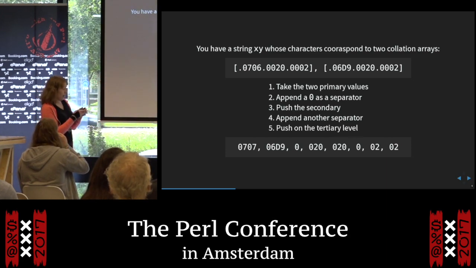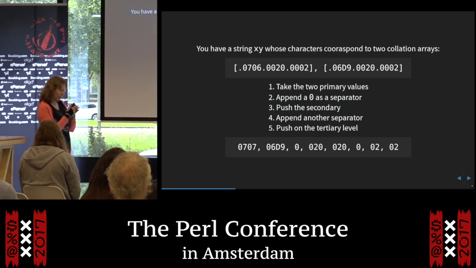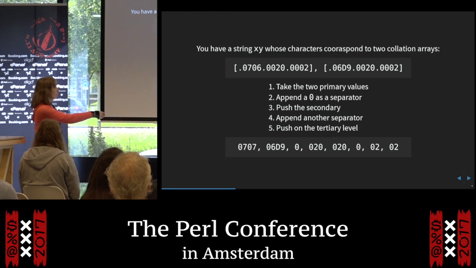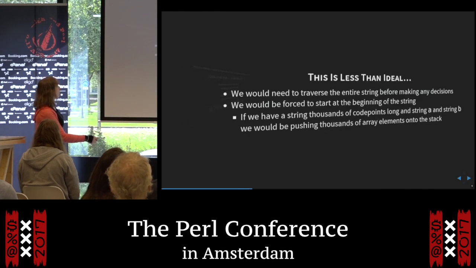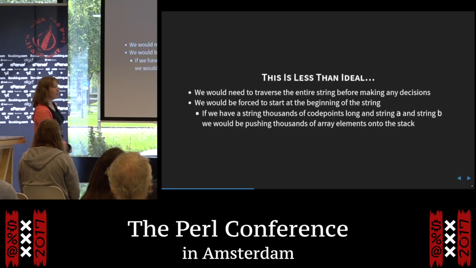You take the two primaries, push them onto an array, and then put a level separator, 0. Then you take the secondaries, push them on, add another separator, and then do the two tertiaries. That is the reference example, the reference standard.